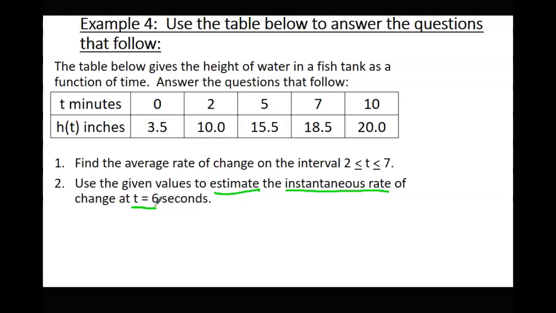Okay, so here's the deal. You guys remember that instantaneous rate of change is basically just your derivative. Okay, well, we don't have a function here, so we can't actually find a derivative. And that's why it says estimate. We can get close to what the instantaneous rate of change is, but we're not going to actually figure out what it is because we don't have a function to find the derivative of.